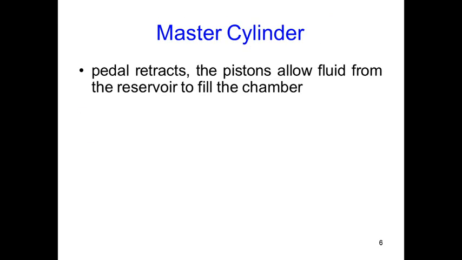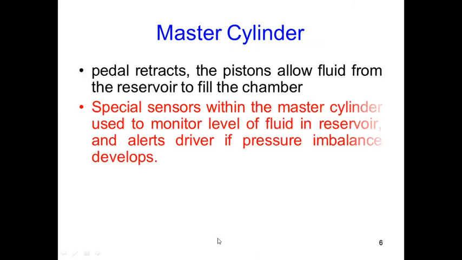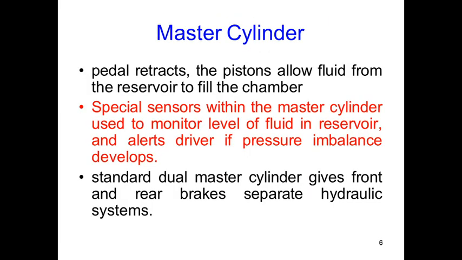Now we'll summarize this, because this consists of the information of the tandem master cylinder. In case of the tandem master cylinder, the forward movement of the piston causes primary cups to cover bypass holes, hydraulic pressure builds up and is transmitted to the wheel cylinders. When the pedal is retracted, the piston allows fluid from the reservoir to fill the chamber back.